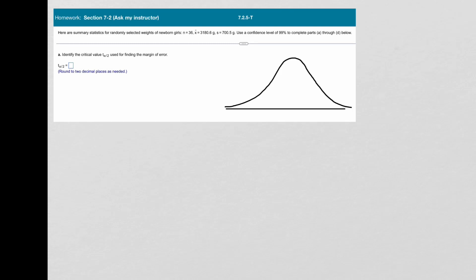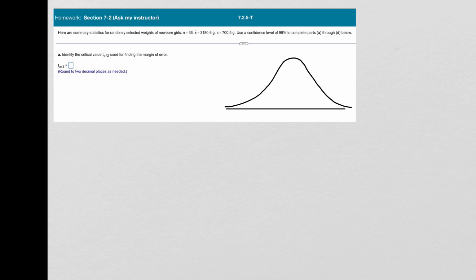In this problem, we want to start by finding the critical value t sub alpha over 2 used for finding the margin of error. So there's two ways to do this. You can either use a table of values, or you can use your calculator if you have the inverse t function.